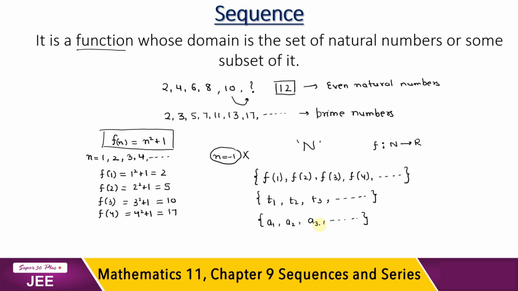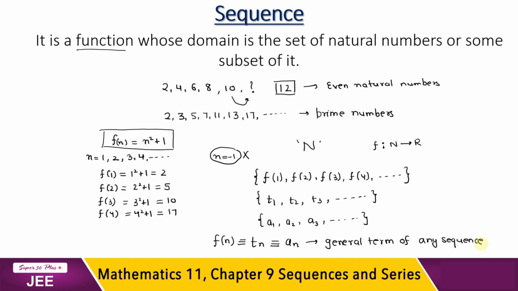So in general, the general term of any sequence can be written in the form of f of n or t of n or a of n. This is the symbol of equivalency. So f of n is equivalent to t of n, which is further equivalent to a n. This represents the general term of any sequence.